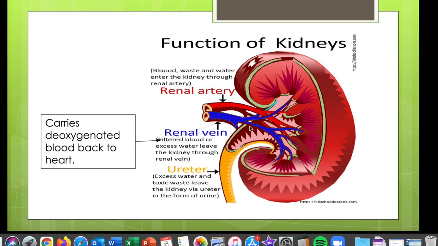And then the renal vein is going to carry filtered blood back to the heart, and that will go into the right atrium of the heart and then get pumped into the right ventricle and then to the lungs to be oxygenated, back to the left side of the heart, and then out to the body through the aorta, where it'll go back to your kidneys to be filtered again.